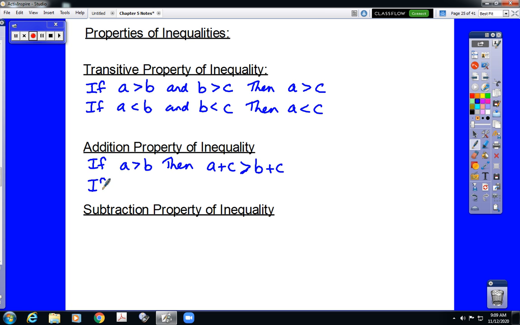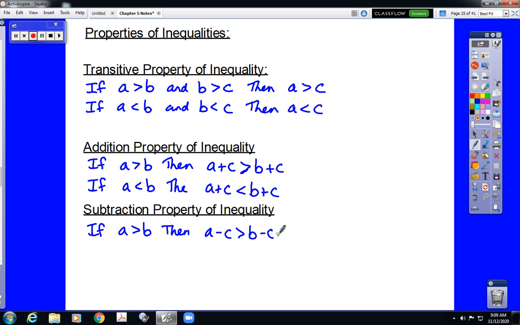In addition, that would apply to less than as well. If a is less than b, then a plus c is less than b plus c. The subtraction property basically says the same thing, except instead of addition, it says we are allowed to subtract whatever we want from both sides of an inequality. So we'd write that out as well.